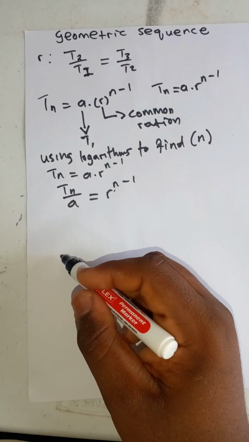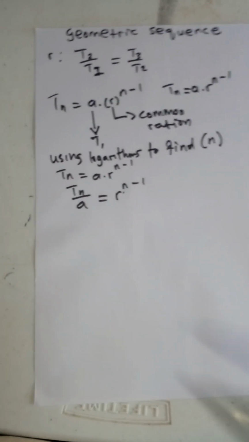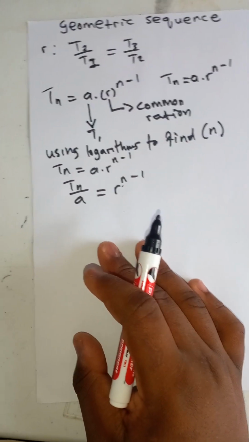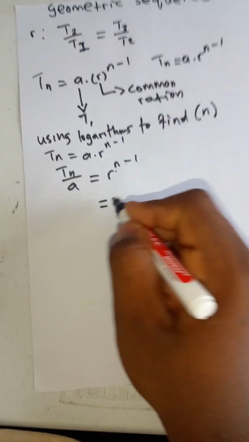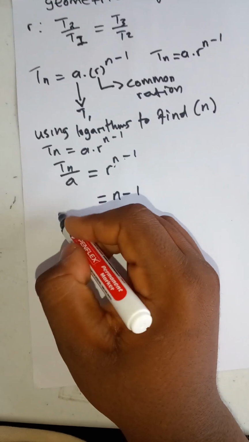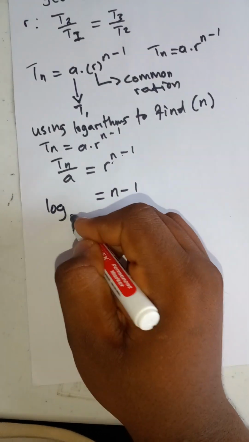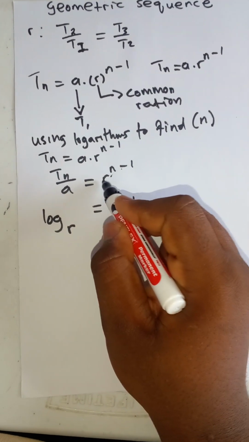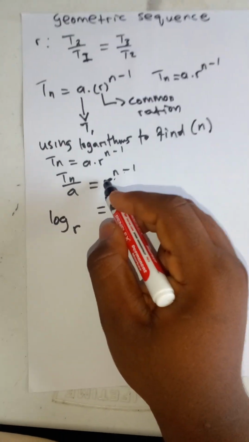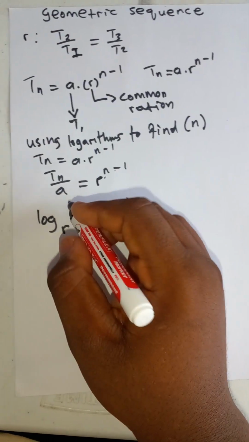Now I can introduce my logarithms, whereby I'm going to use what we call push. Let me drop this n minus 1, and it is going to be log base r, because all along we had the base r here. You will understand it more further when you do logarithms.